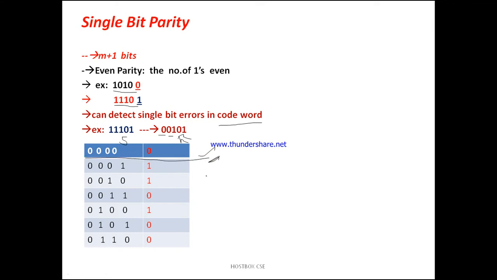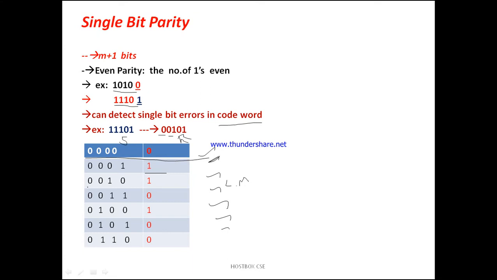Let's say here is an example with a partial table, where you have inputs with the even parity. Suppose your code word is 0000, the even parity will be 0. Similarly, if the code word is 0001, it should be 1.